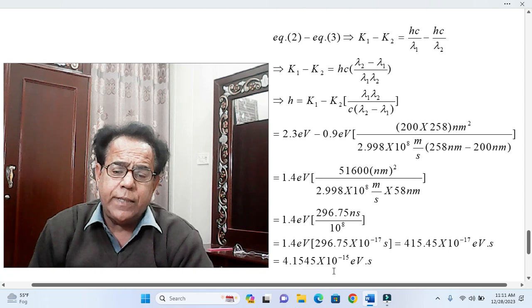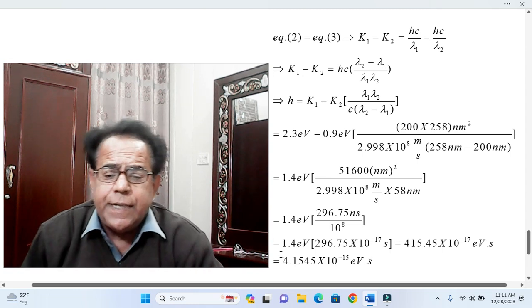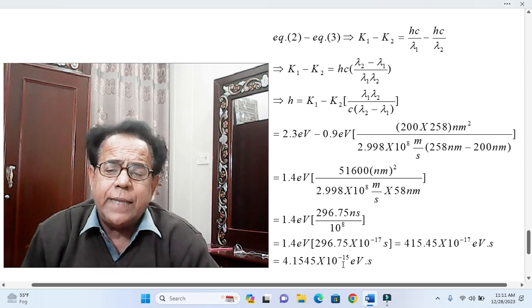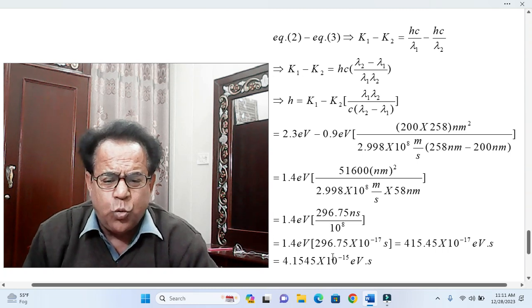Dear students, when we compare this value with the value of Planck's constant given in the table of physical constants, which was included as the first snapshot, we see that this value is very close to that value.